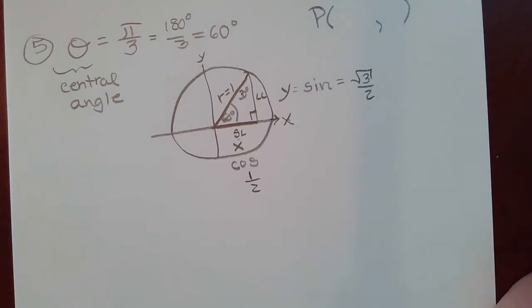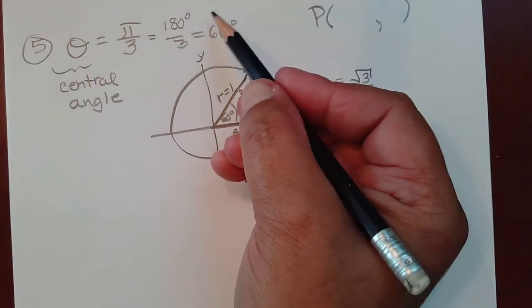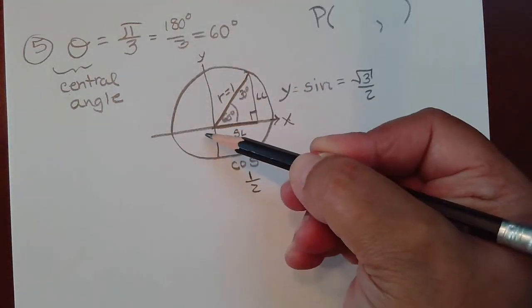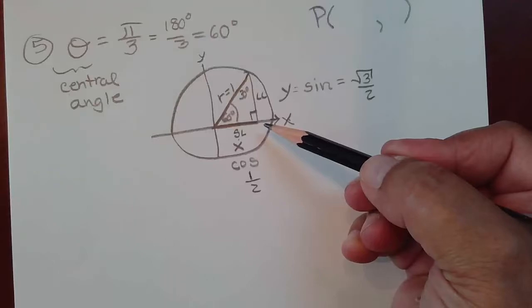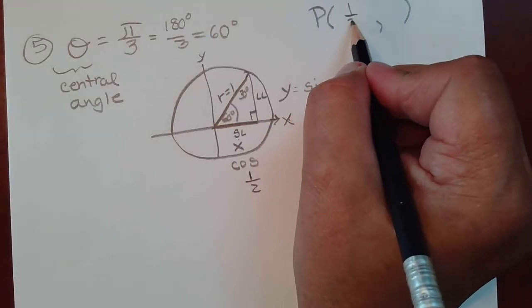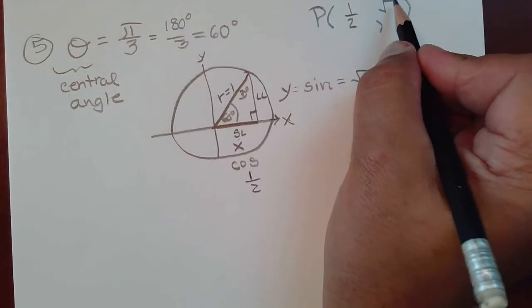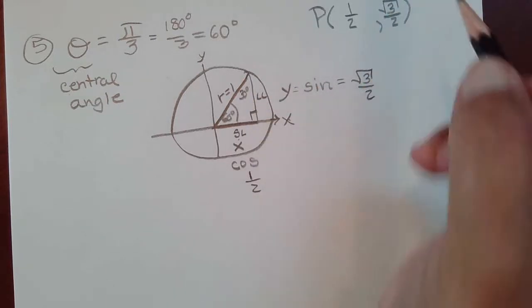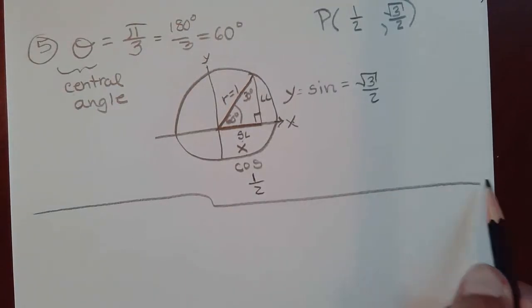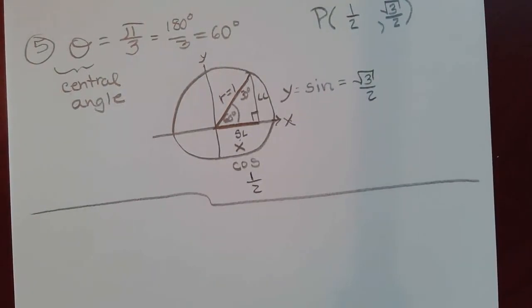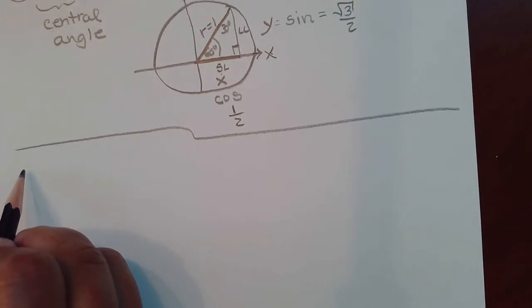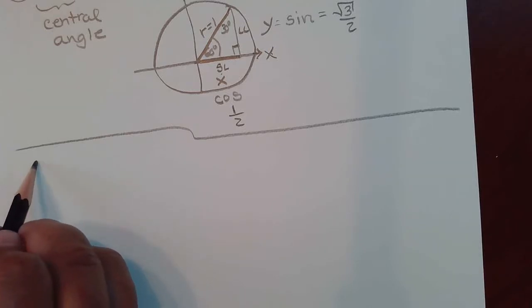So then when they ask you, what is the point associated with a 60-degree central angle, you give them the x coordinate, which is your horizontal leg, and your y coordinate, which is your vertical leg. Okay, and on your homework outline, that's choice number 1. If you have printed the outline, you see the choices, and you should be taking the notes with the homework outline and the theorems right in front of you.